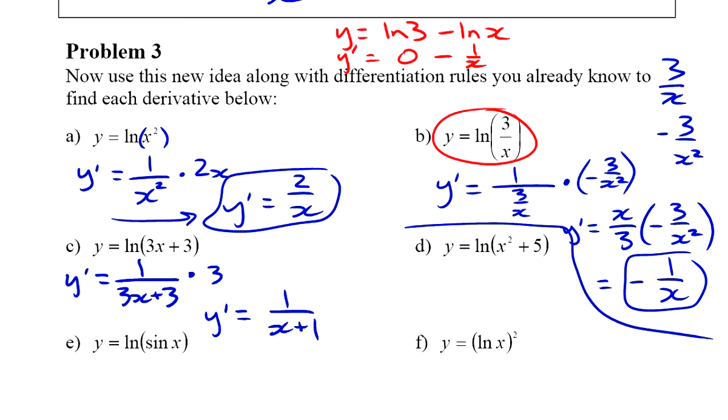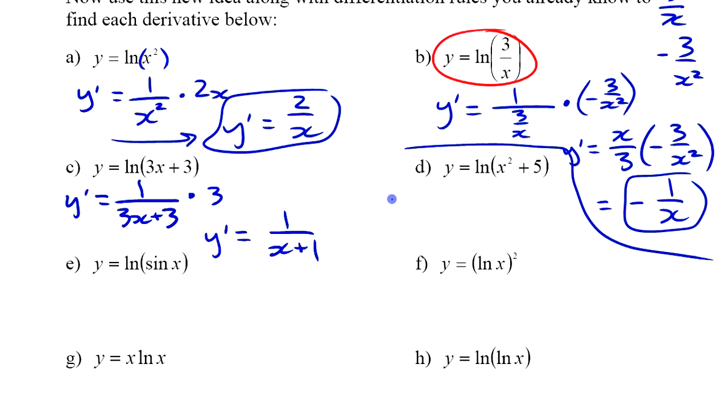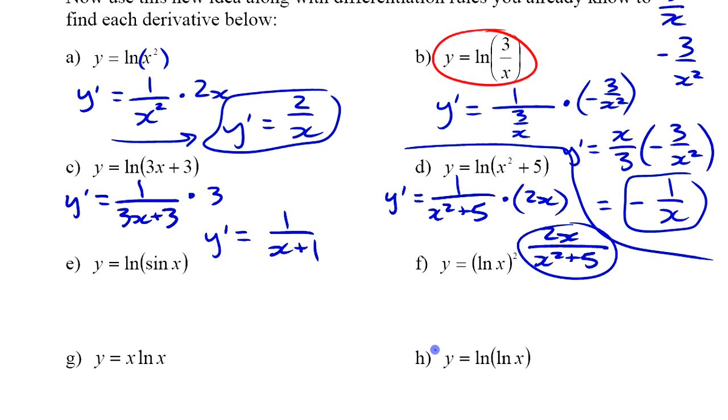Same idea here. Y prime is going to be 1 over x squared plus 5 times the derivative of the inside function, which is 2x. So you get 2x over x squared plus 5. That's that derivative.